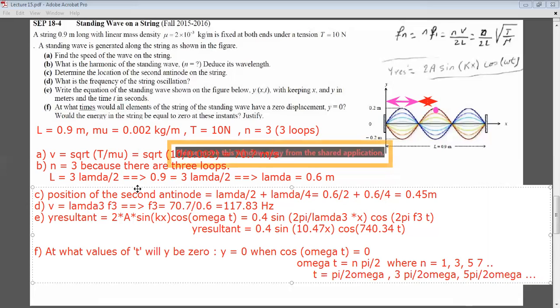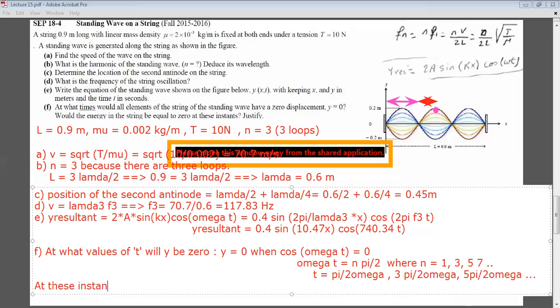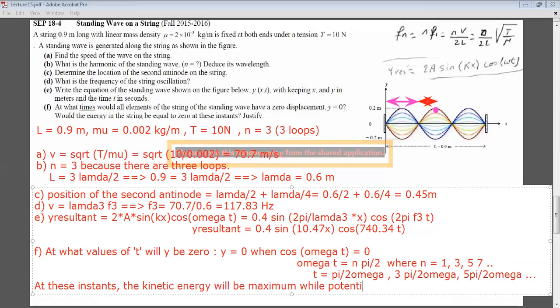Would the energy in the string be equal to 0 at this instant? No. At this instant, the kinetic energy will be maximum, while the potential energy is 0.